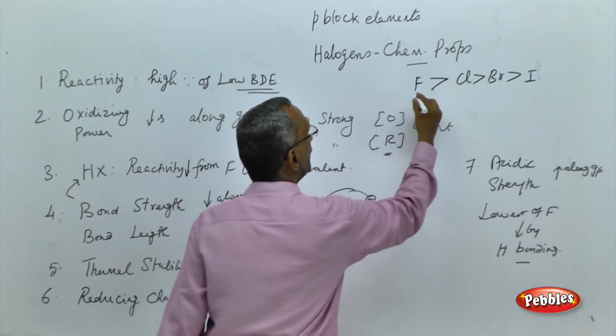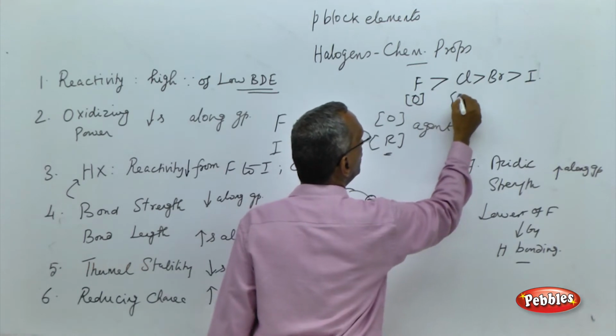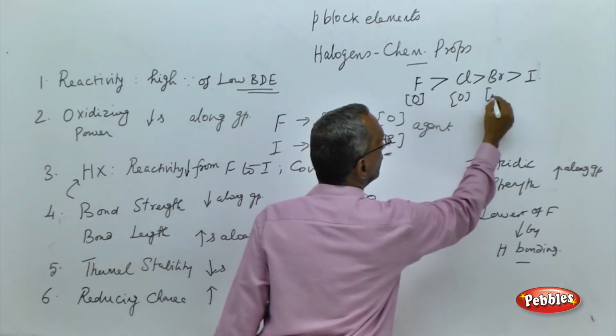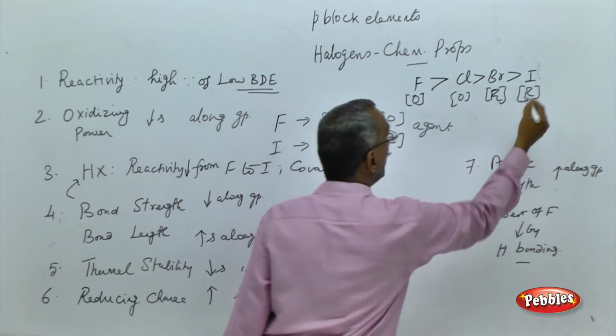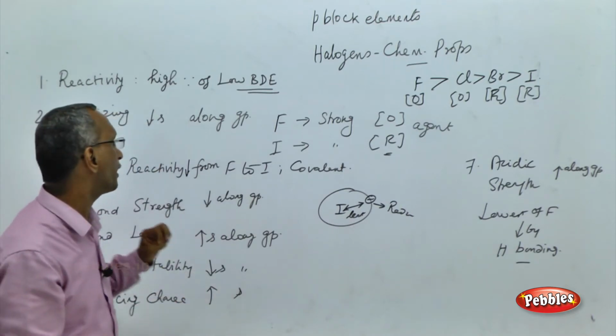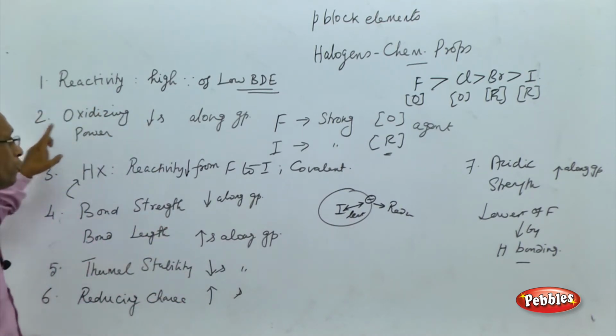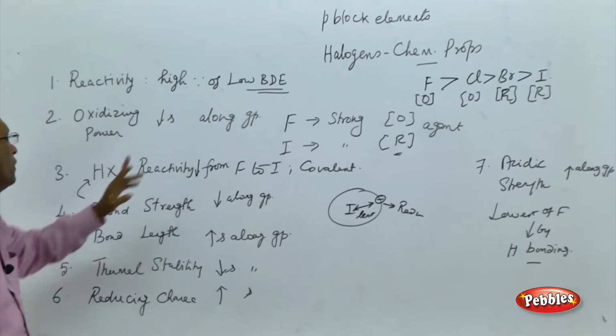So fluorine is the strongest oxidizing agent, and iodine is the ultimate reducing agent. That speaks about the second nature. So generally oxidizing capacity decreases along the group.